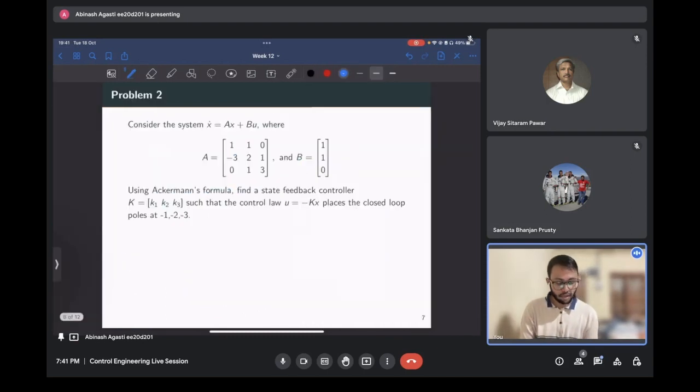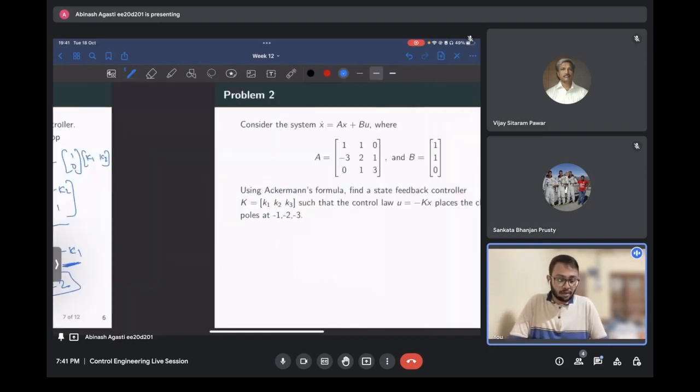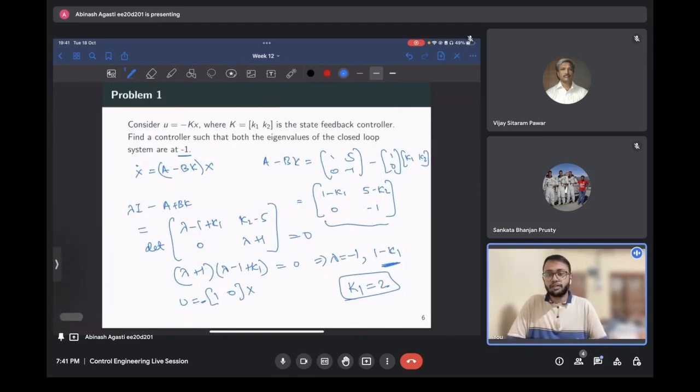Right? Yeah. So we are done with that first problem. Is it clear till now, whatever we did? Yes. Is it clear? Okay. We'll move on ahead.